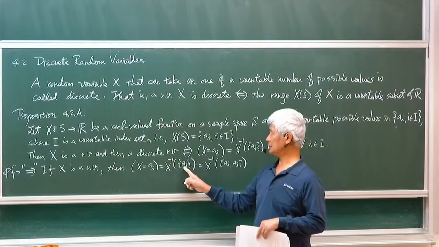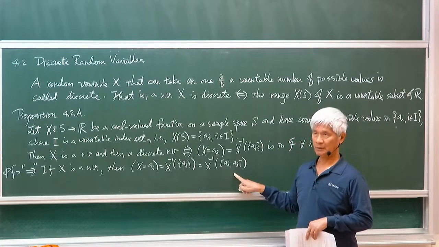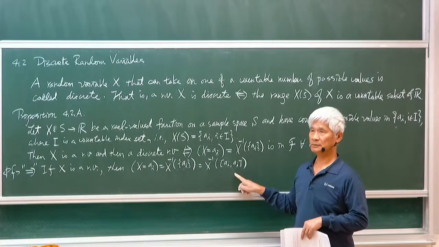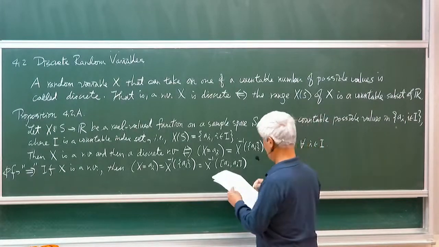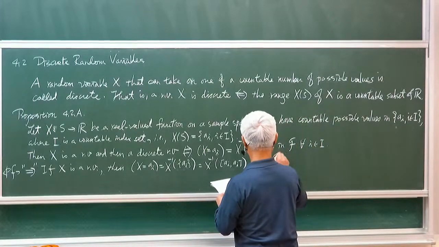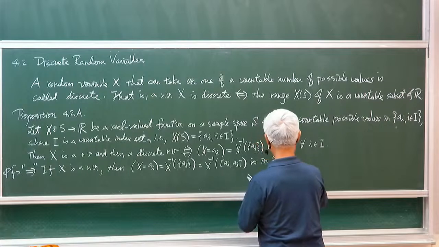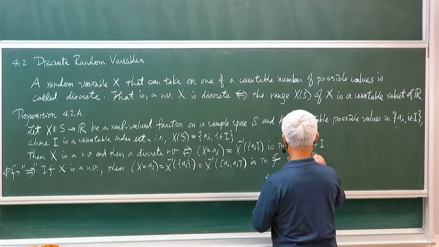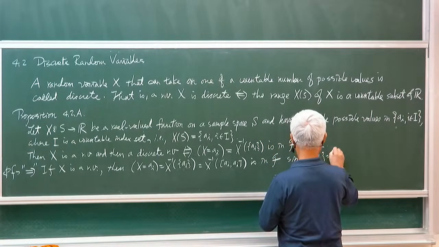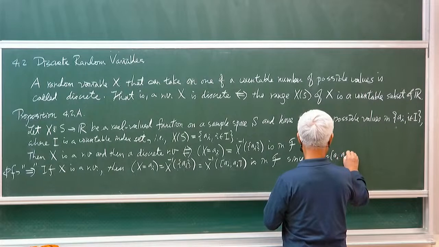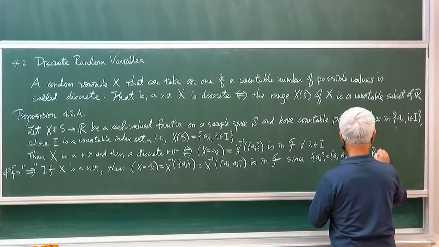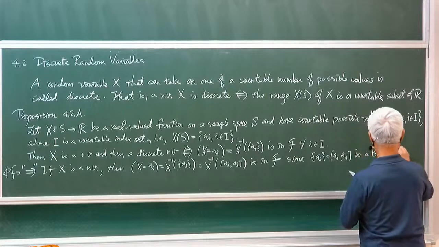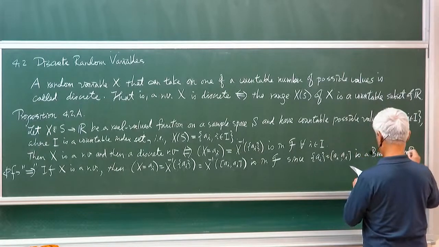So a point is actually a special interval. Now it's in F, since this is a Borel set in R.